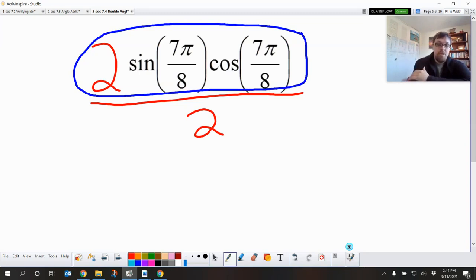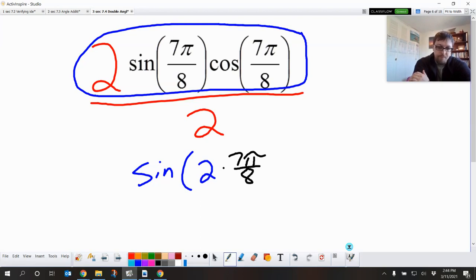Hooray! So the numerator becomes the sine of 2 times that 7 pi over 8. And then we're still going to remember, when we're done, we're going to divide that thing by 2.